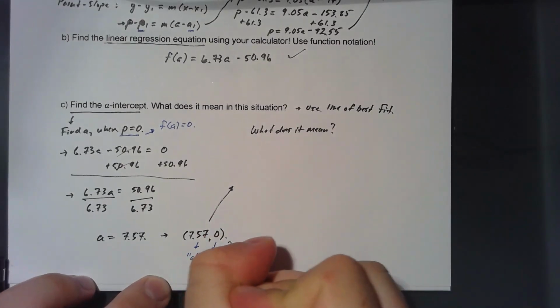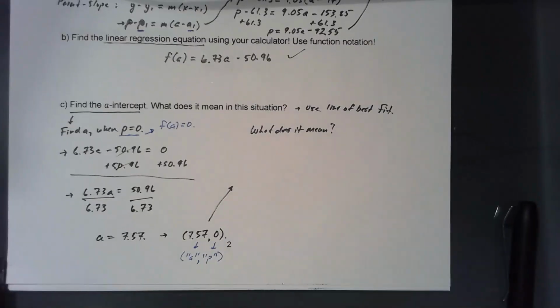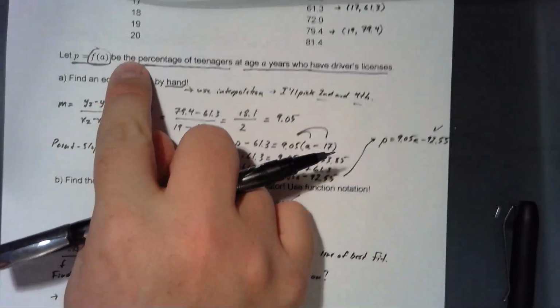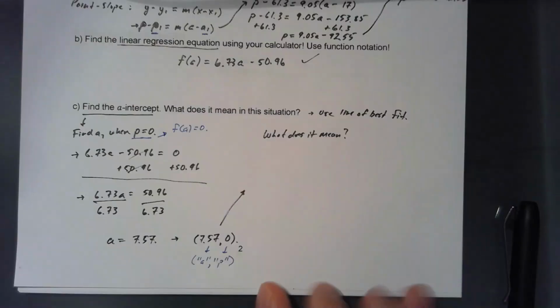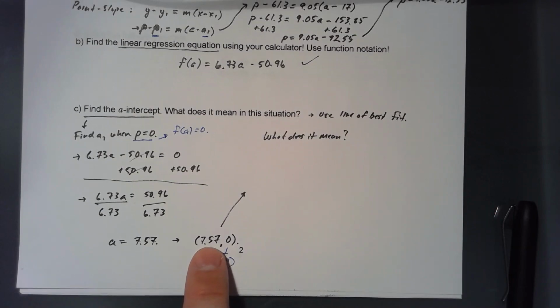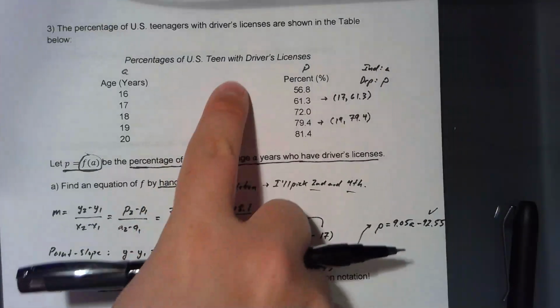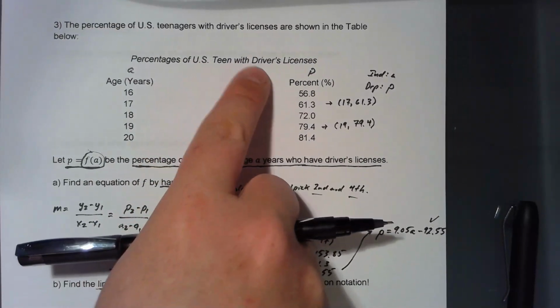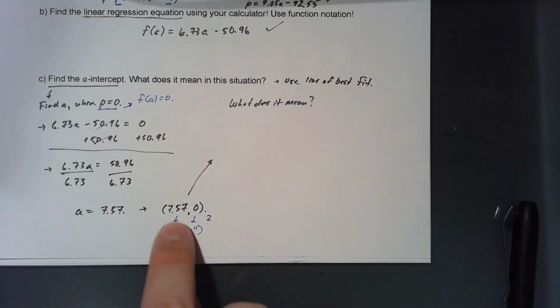This is p. That's my ordered pair. So, a represents what? That's the age in years of those who have a driver's license. So if a is 7.57, what does P represent? That's the percentage of U.S. teenagers with a driver's license. So this is the percentage, and this is the age.